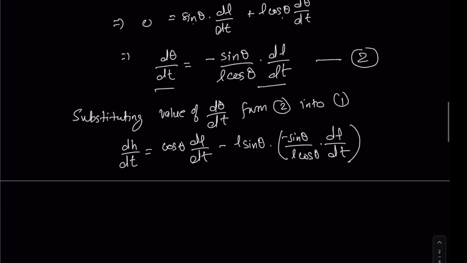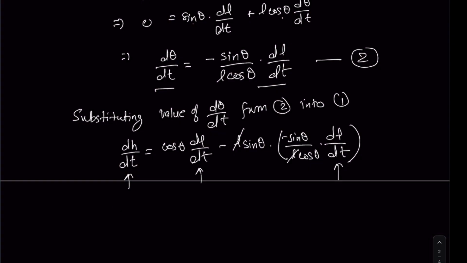A lot of terms. But the good thing is, now we have eliminated all the unwanted variables. This dh over dt is what we need to calculate. dL over dt is given to us. L and L cancel out as well, so we got rid of that also. So theta is the only other variable, which we are allowed to use in our answer.